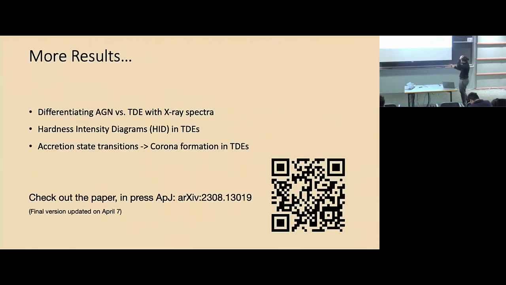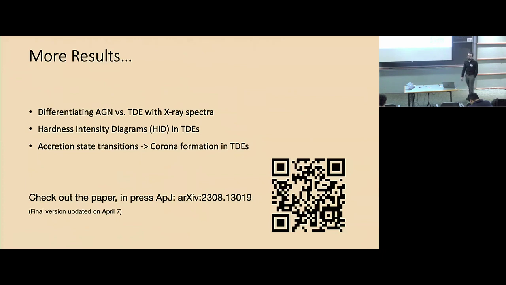If the temperature is decreasing, then your spectrum is getting softer, right? But usually when we talk about a hardness intensity diagram, we are talking about the formation of the corona, so that's a different thing. When you're talking just about the temperature, if it's hotter, it's harder, but it's not as hard as when you have a corona, for example. So for the temperature, basically the temperature means the hardness in some sense.